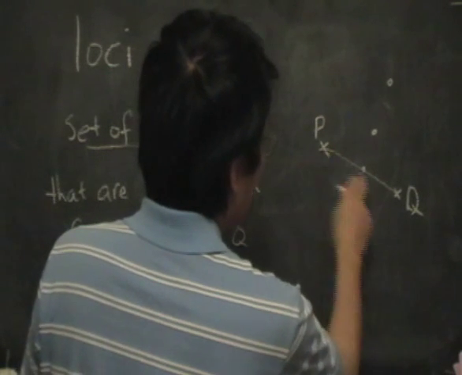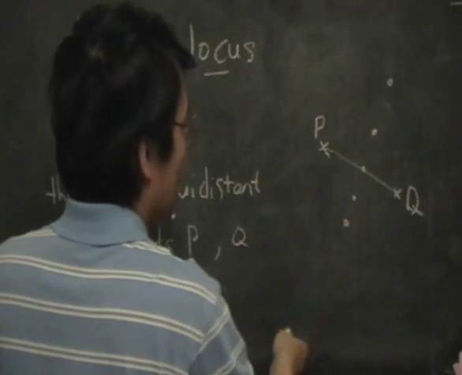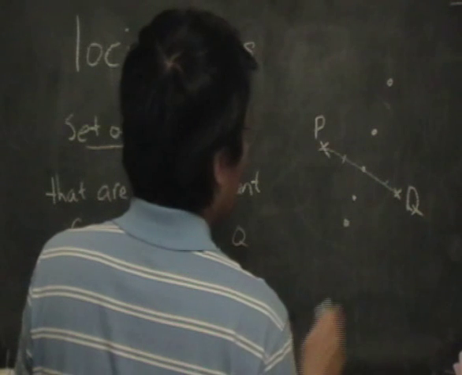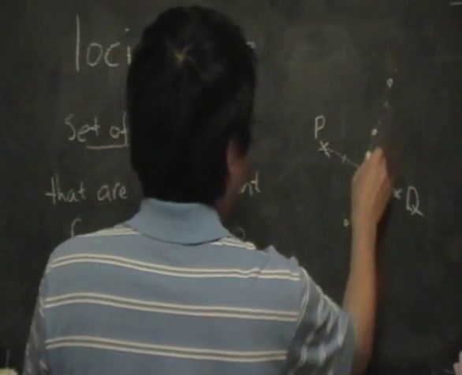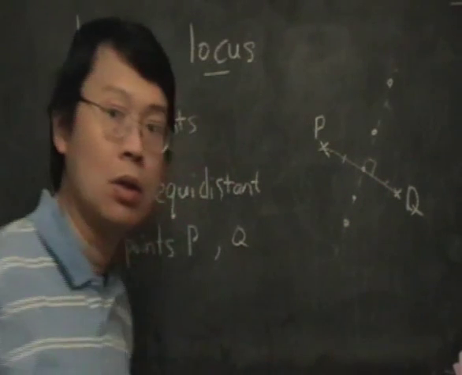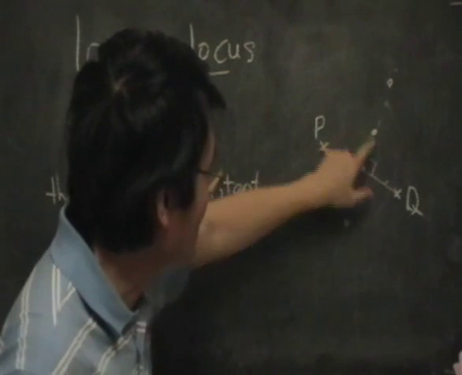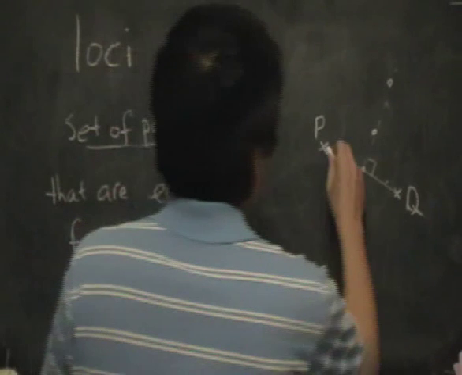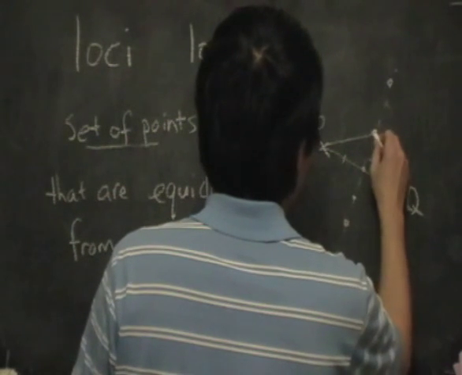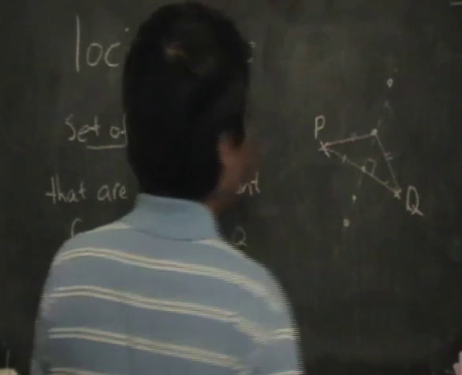If you draw a line joining PQ and think of a line that cuts PQ into half at a right angle, then any point on that line must be at the same distance from P and Q, because if we draw a triangle to that point, this distance must be equal.